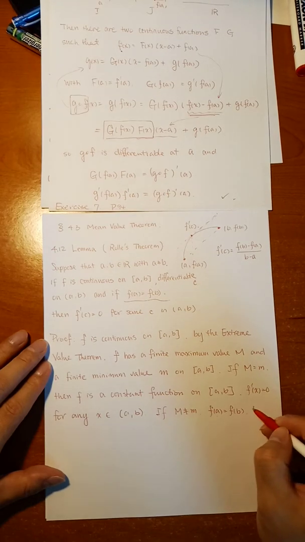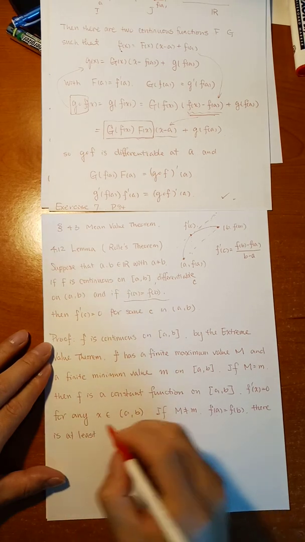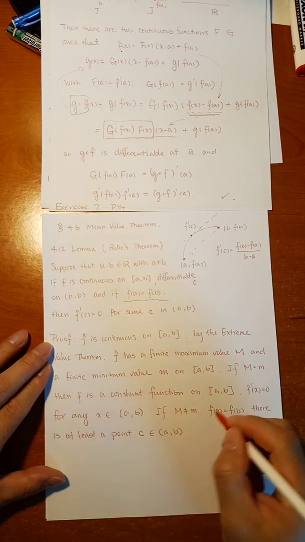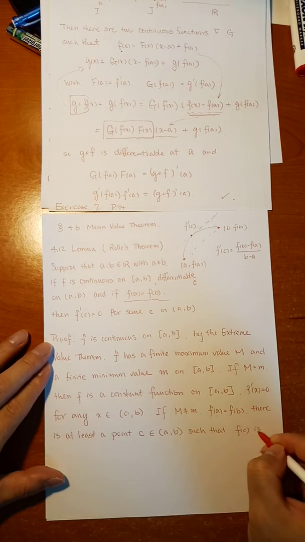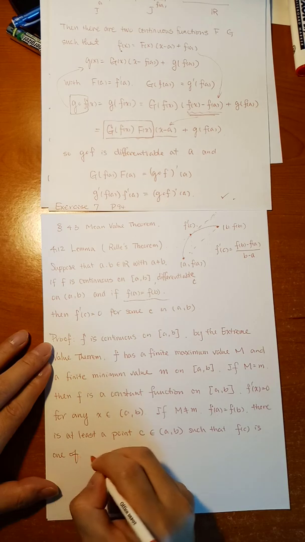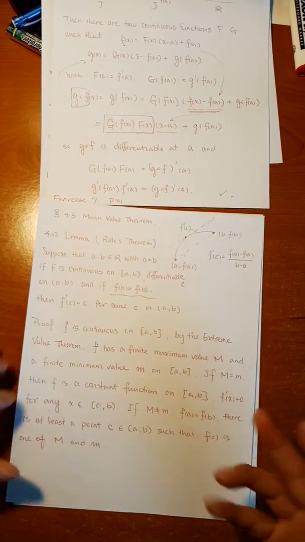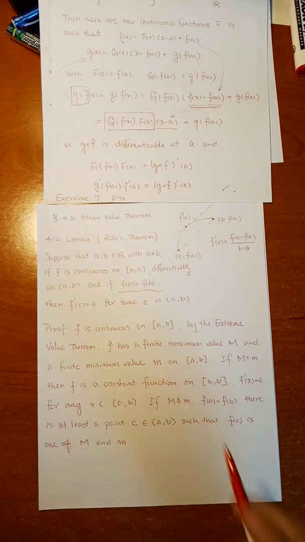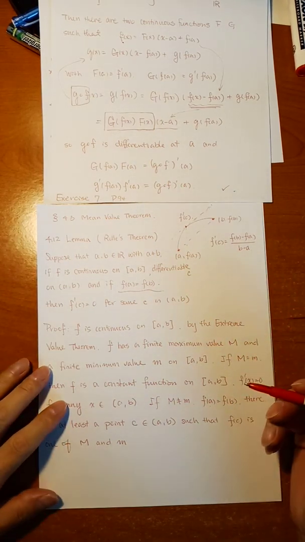So there is at least a point c inside (a, b), different from a and b, such that f(c) is either capital M or little m. Because f(a) = f(b) is just one value, it can equal at most one of capital M and little m. Then there is a c such that it will take at least one of them. It doesn't matter which one f(c) equals.